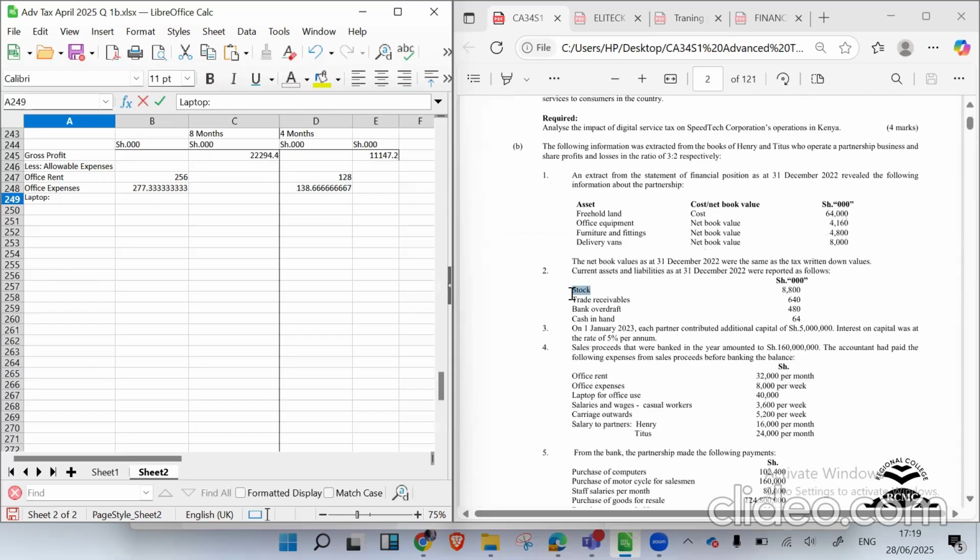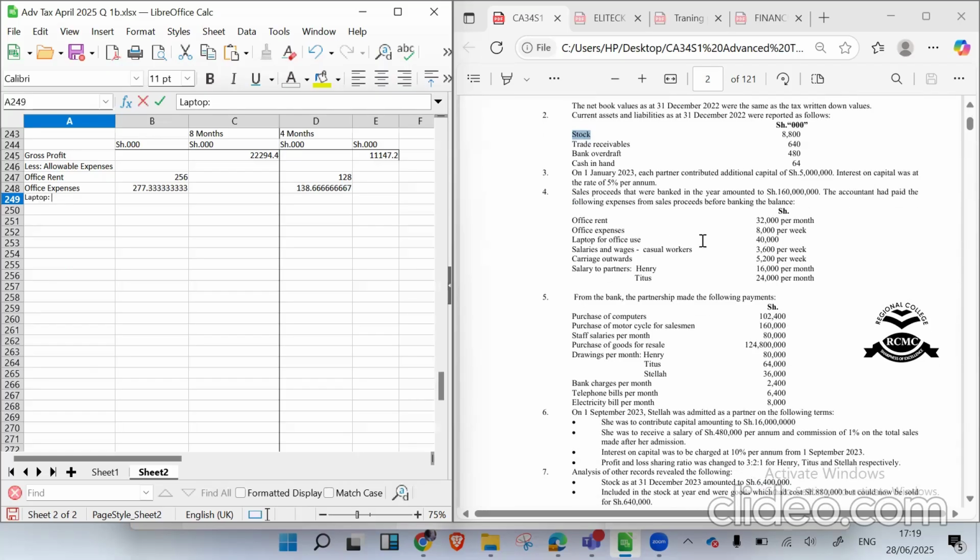So laptop for office use, we have 25% of 40, then you apportion accordingly. So that looks like 10. So equals 0.25 times 40 times 8/12. Then huku ni times 4/12.